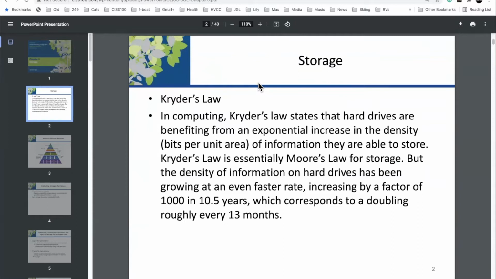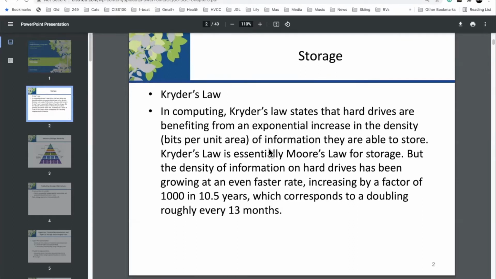Every 18 months, computer processing power doubles and takes up half the space. Kryder's law, which is equivalent in terms of storage, has kept pace with Moore's law. And this has many ramifications and repercussions when we get to, say, big data, just the available storage on our personal devices. And we'll take a look at this as well.